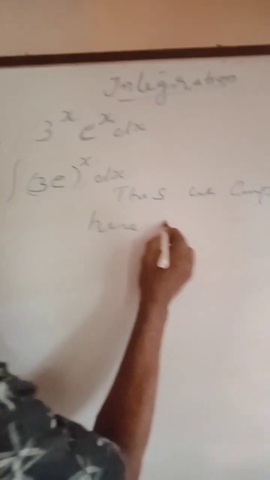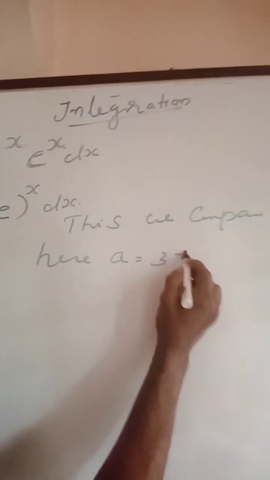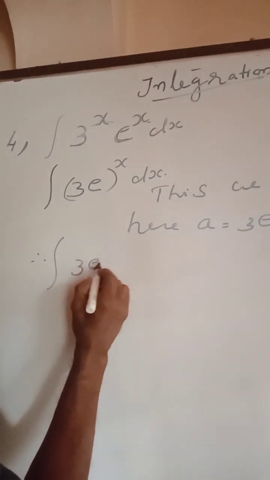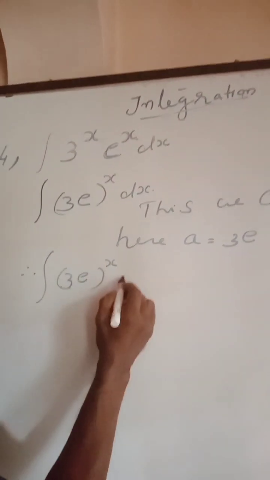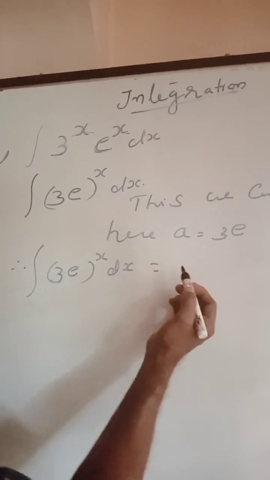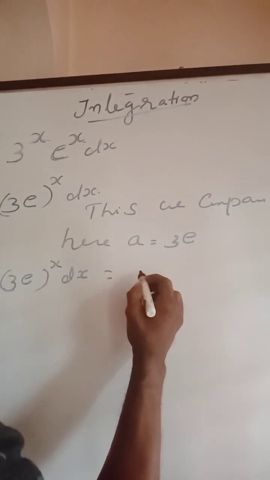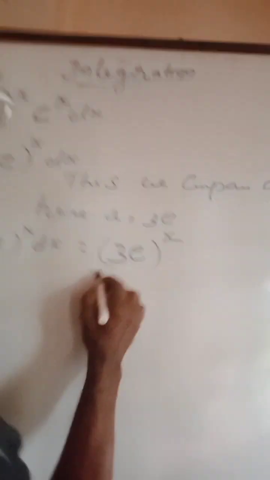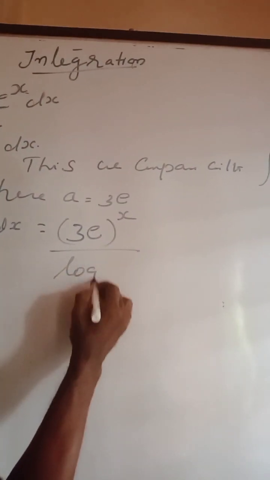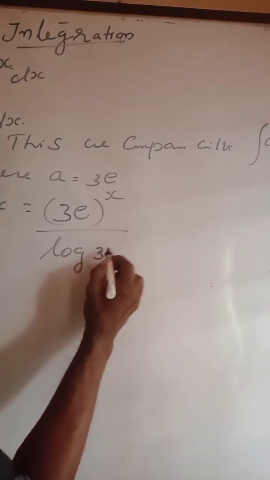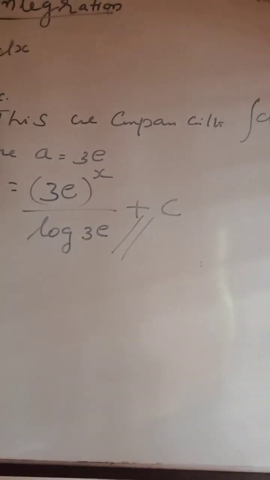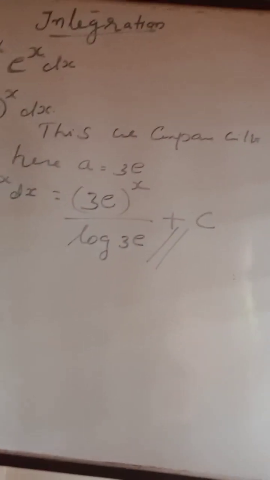Here a is equal to 3e. Therefore, integration of (3e) raised to x dx is equal to (3e) raised to x divided by log of 3e plus c, which is the constant of integration.